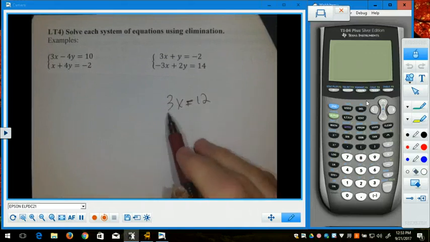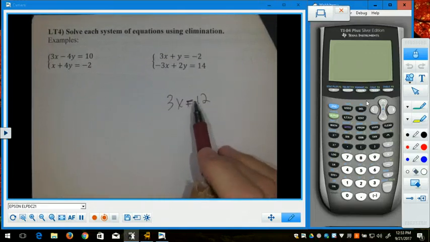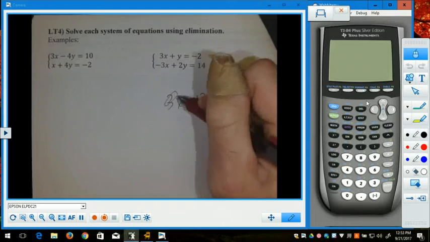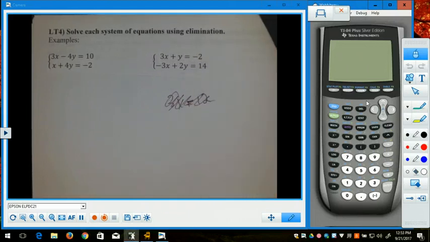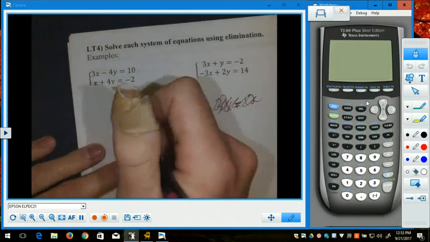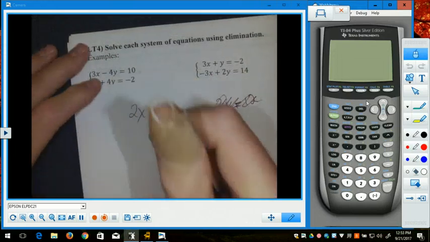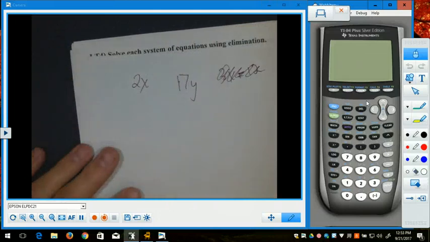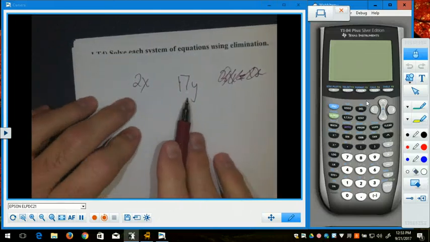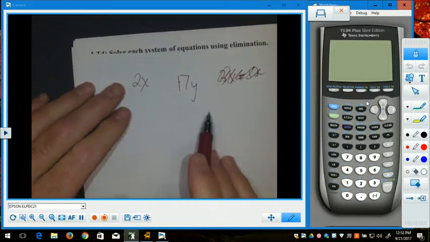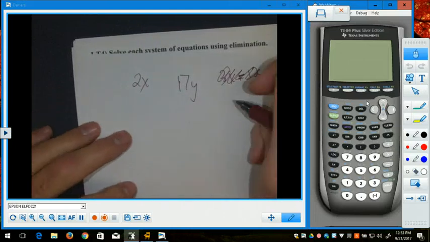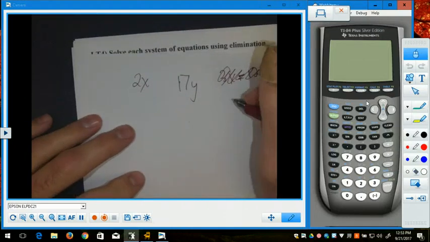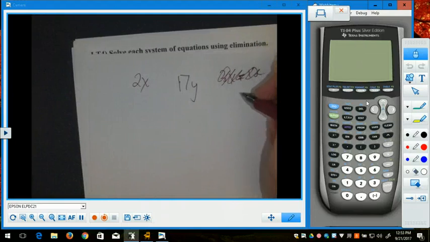If we can get it to something simple where we only have one variable, then we can find the answer to that variable. So here's the idea. We have expressions like 2x or 17y, and our goal is to get them eliminated through a series of multiplication and addition. This is also called the multiplication and addition method.